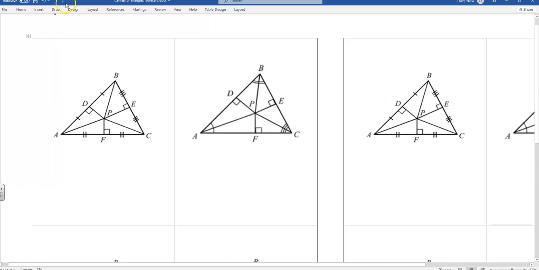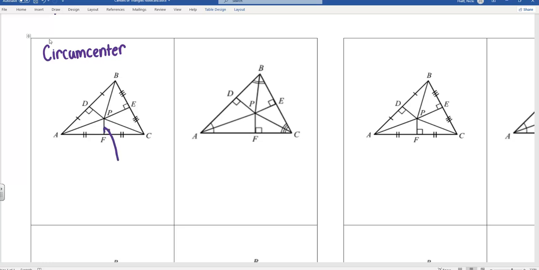So here I would label this the circumcenter. I would label these the perpendicular bisectors.